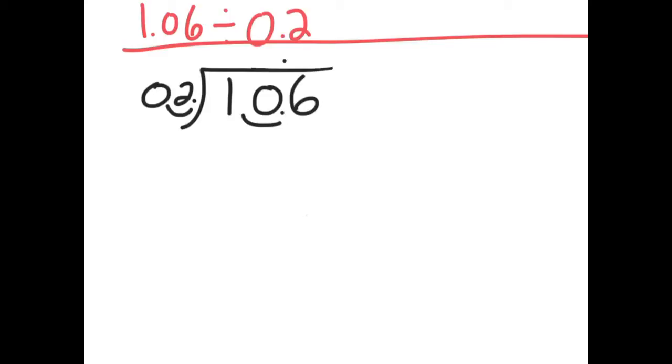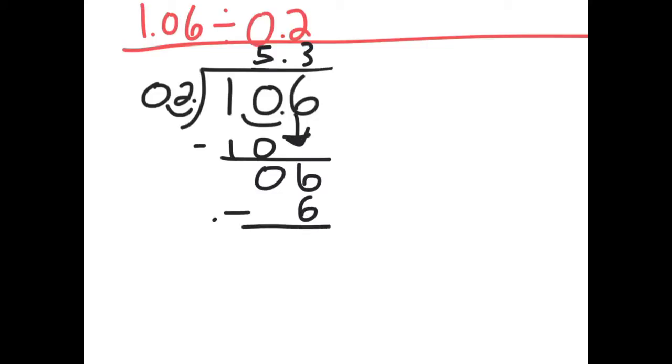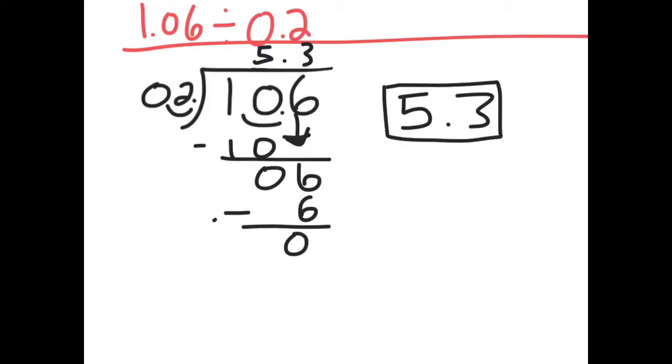So 2 goes into 10 5 times. Drop the 6. And 2 goes into 6 3 times. So minus 6 would equal 0. So your answer would come out to be 5.3.